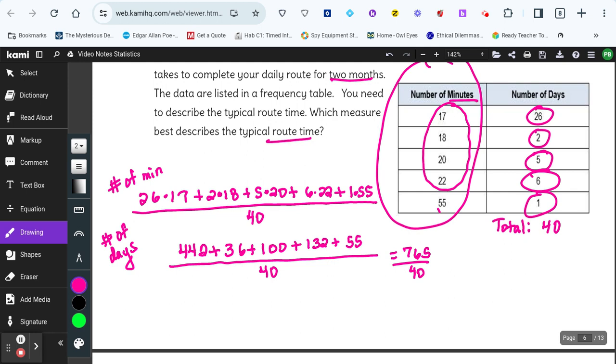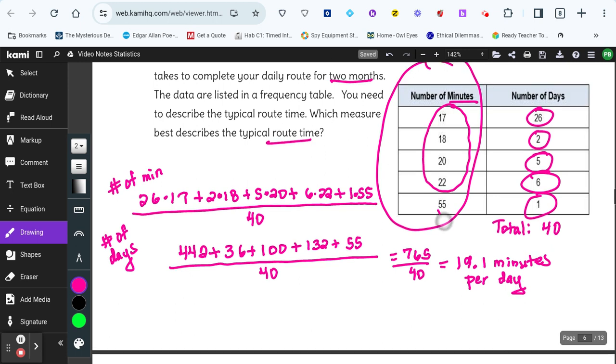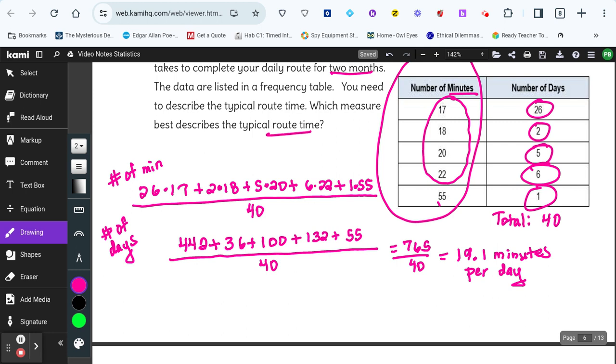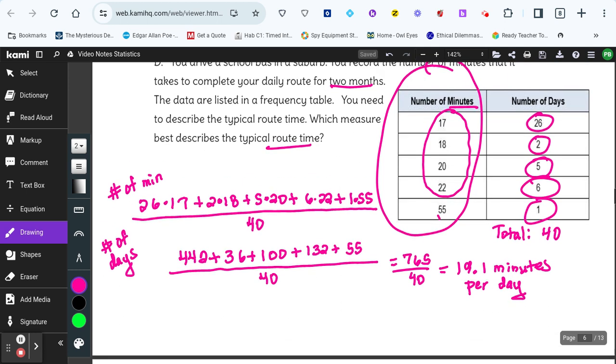So on average, we're going to say 19, and I'll round this to the nearest 10th. That's how many minutes the average route time was per day. Okay. So I know you have one number that's an outlier, and it made it go up a little, but not a lot, because this outlier did not happen a lot of times.